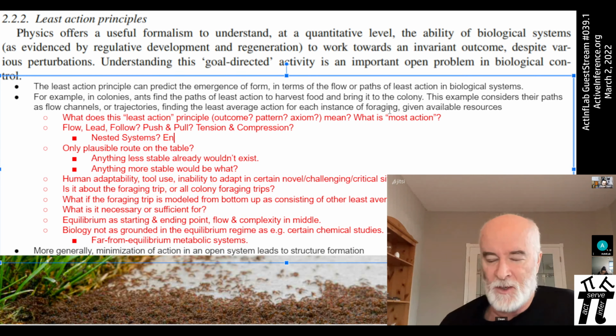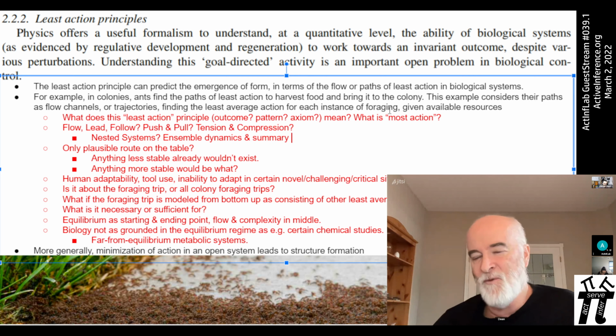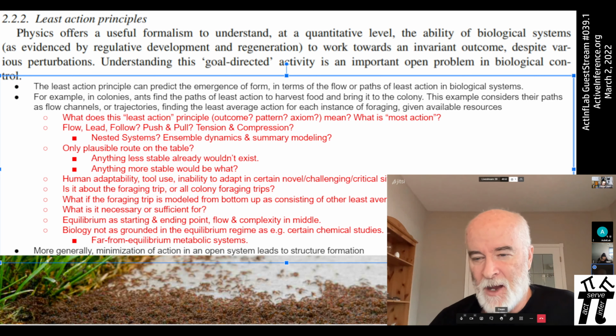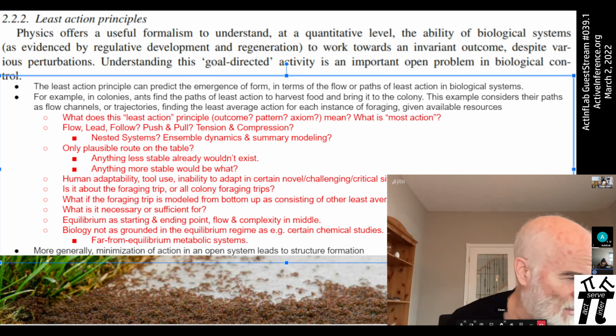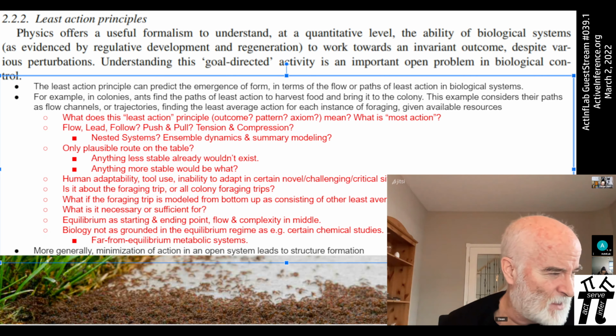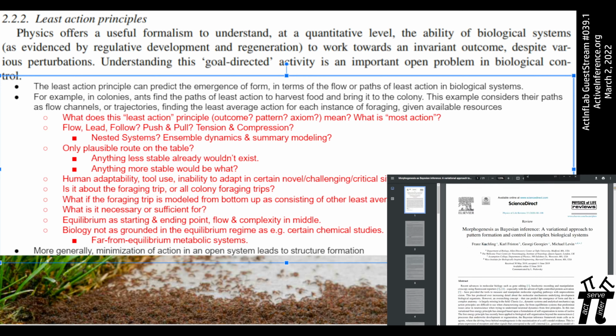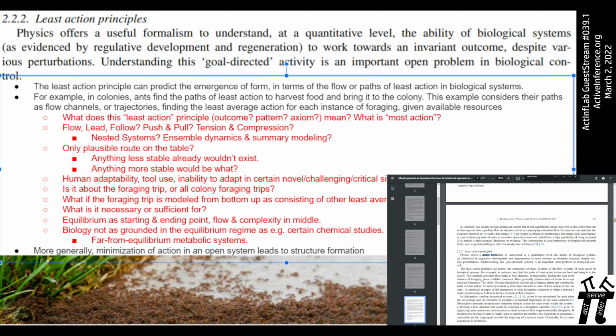So again, we're going to get into what the final form takes. I just think that when we were treating this in the point zero, this was a pivotal moment, because it went from what are all the things that have to be in place for formation to occur, to now let's look at what the form results as. As I said, the previous paragraph says physics offers a useful formalism to understand at a quantitative level the ability of biological systems to work towards.